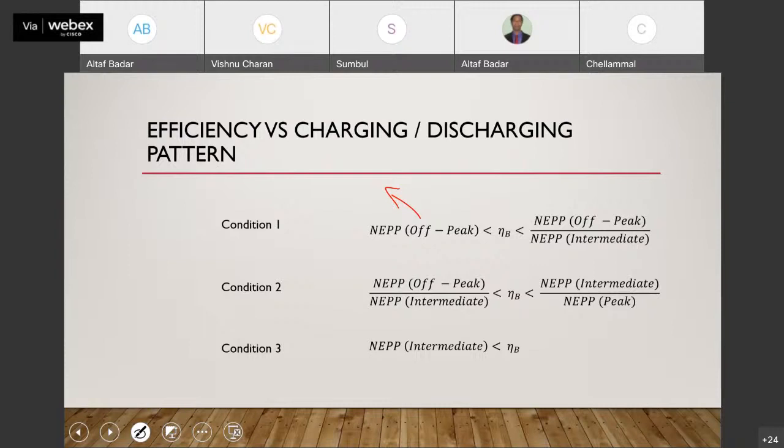NEPP of off-peak is 0.75, intermediate is 0.9 and peak is 1. So you can just find out which condition is satisfied, and probably it comes out to be condition 3. All right, just check it out.